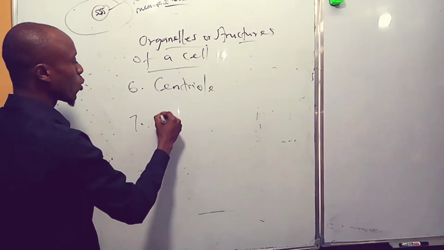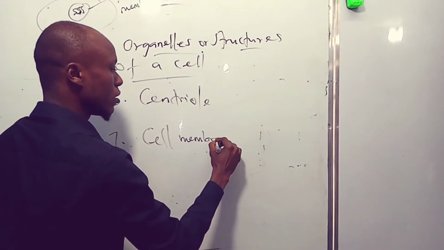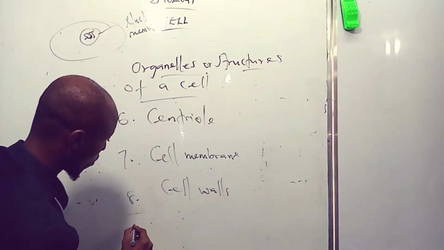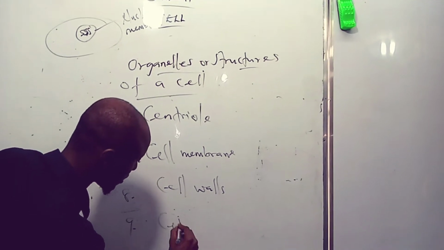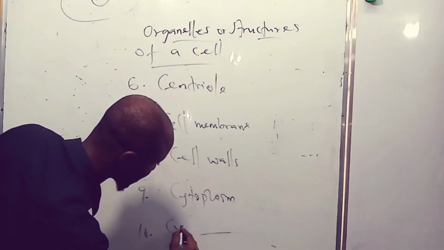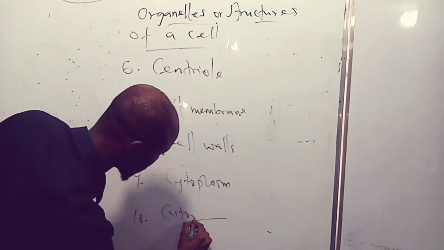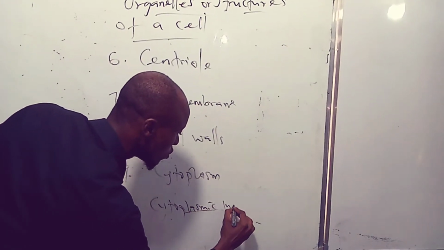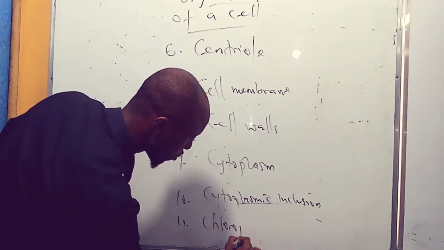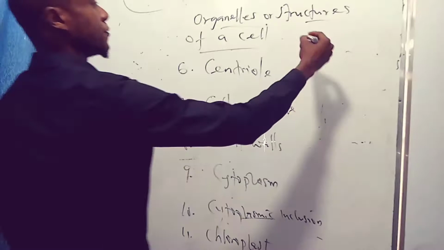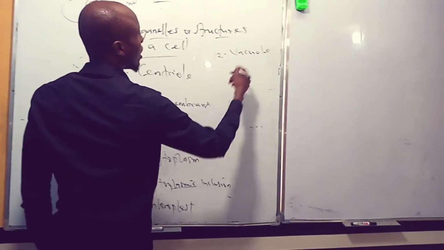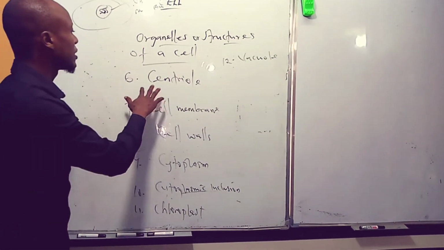We have the centriole, we have the cell membrane, we have cell walls, we have cytoplasm, we have cytoplasmic inclusions, we have organelles like chloroplast, we have vacuole, etc. So we'll be stopping here and let me just explain them.